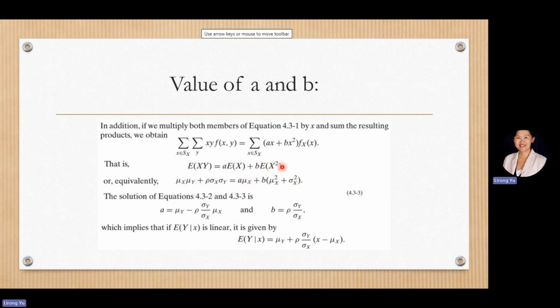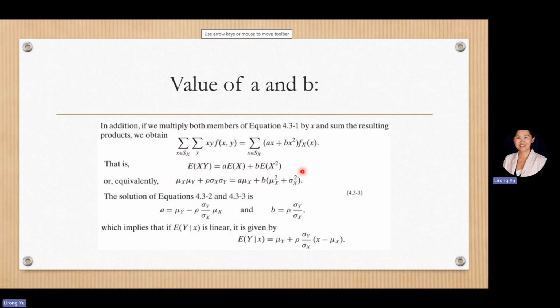Expectation of x squared: the variance, sigma x squared, is equal to the expectation of x squared minus mu x squared. So the expectation of x squared equals sigma x squared plus mu x squared.